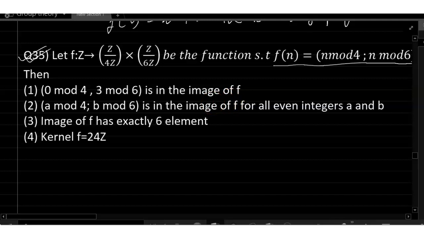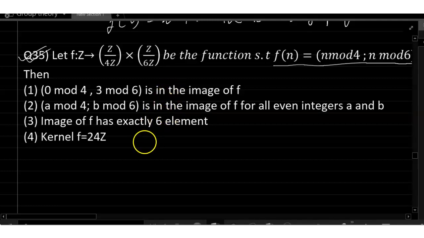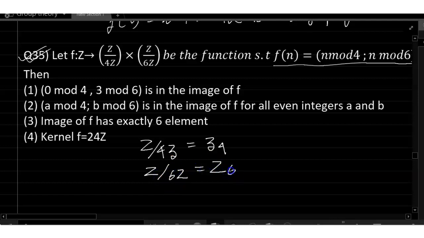This problem I have to solve. So Z by 4Z equals to Z4 and Z by 6Z equals to Z6.